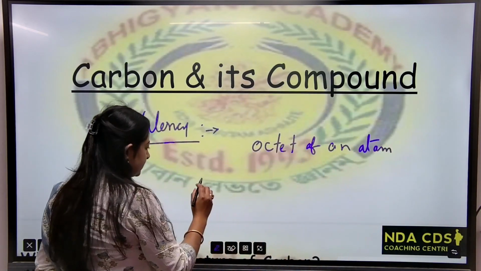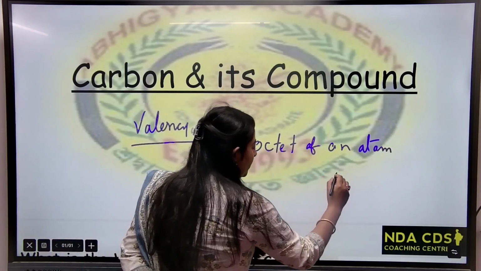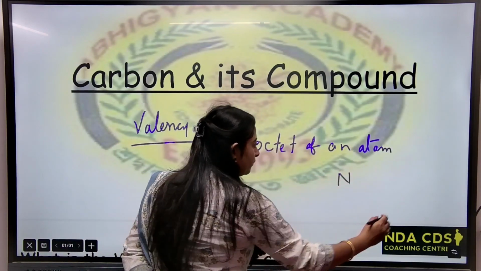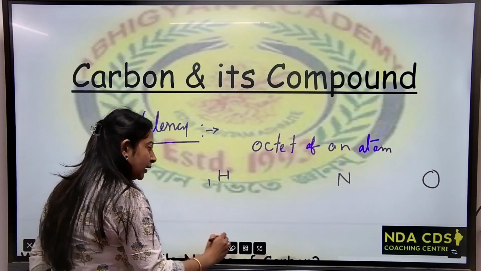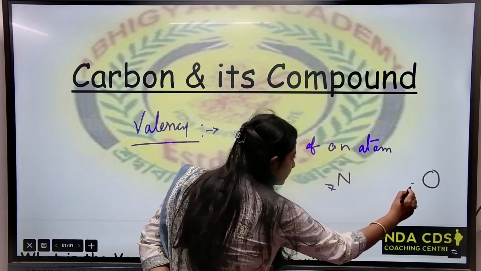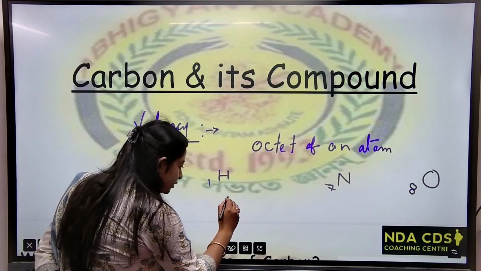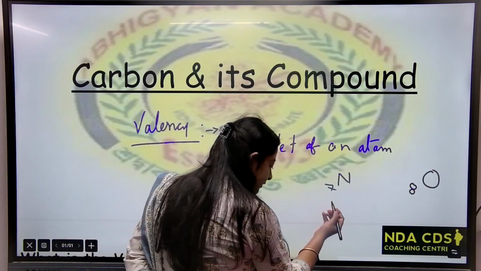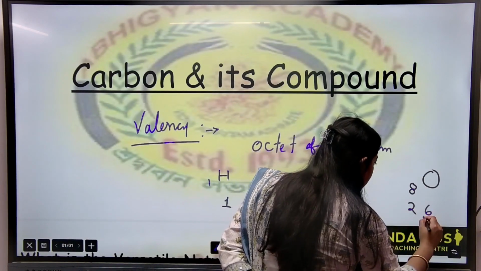Say, what is the valency of hydrogen? What is the valency of nitrogen? What is the valency of oxygen? So first, we will see the atomic number of hydrogen is 1, nitrogen is 7, and oxygen is 8. The configuration of hydrogen is 1, nitrogen has configuration 2.5 and oxygen has configuration 2.6.